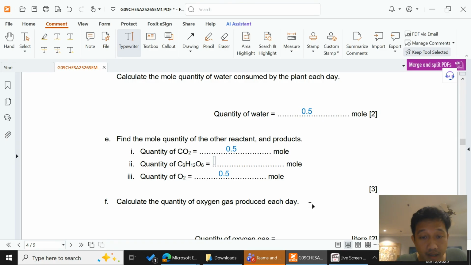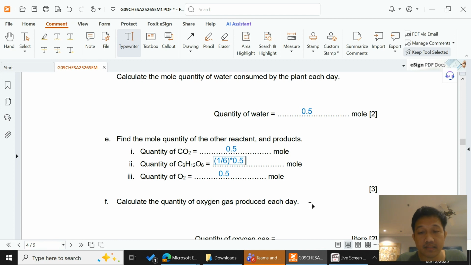Compare the known coefficient, it is 1, divided by the coefficient of one of them, for example the coefficient of CO2, which is 6. And then we multiply it with the number of mole of the CO2 that we know before, 0.5.